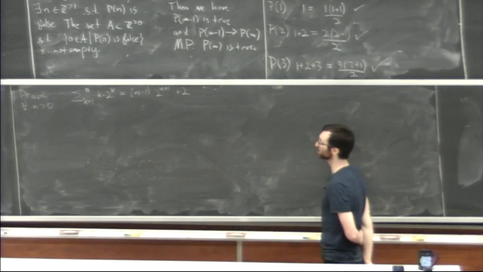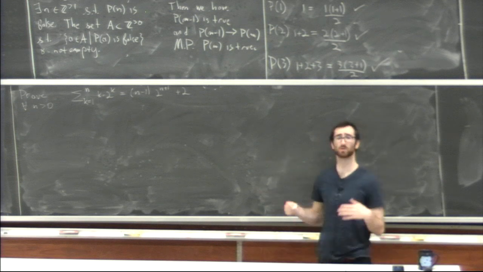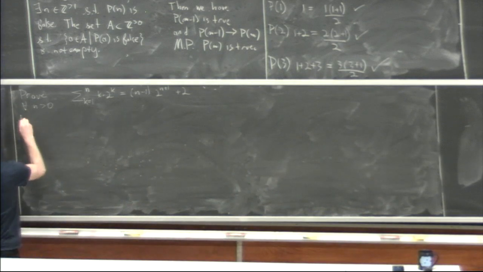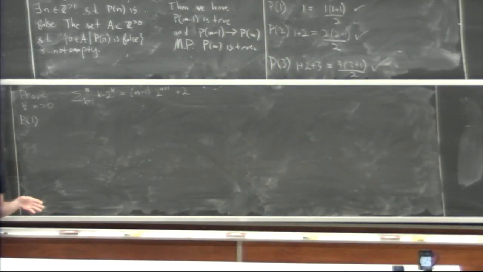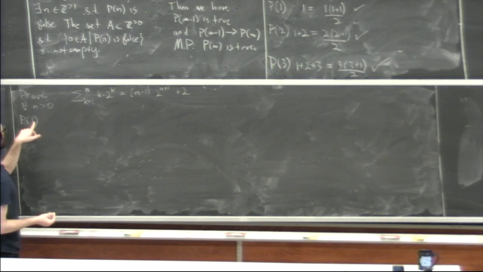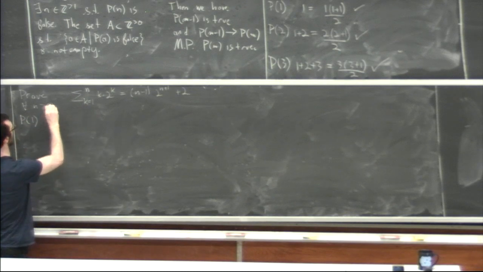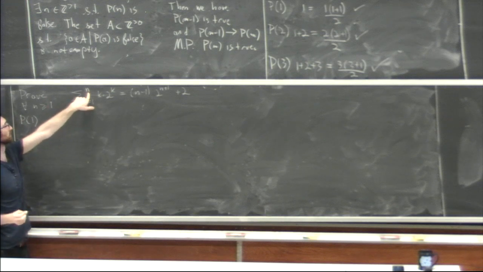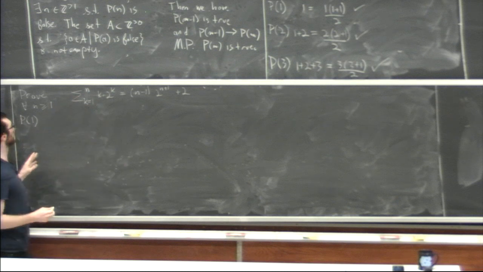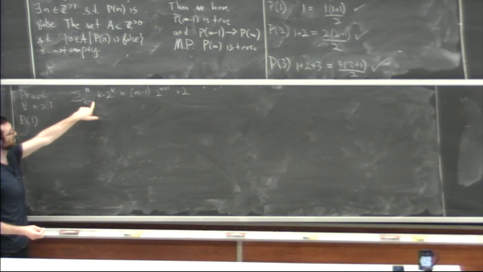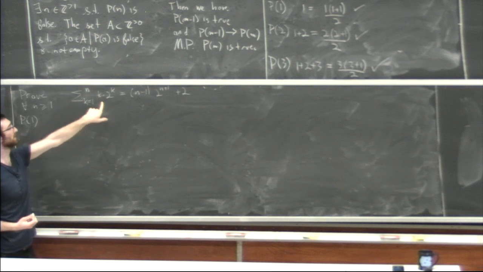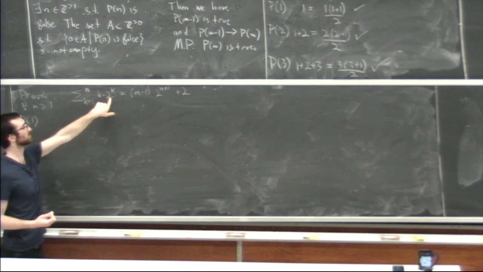Okay, the first thing that we want to do is write out a couple cases just to get a sense for what's going on. So let me write P of 1. P of 1 is the assertion, maybe I'll write n greater than or equal to 1. What I'm going to do is take n equal to 1 in this case, and say, what is P of 1? P of 1 is telling me for all k from 1 to 1, namely just k equals 1, I'm going to have 1 times 2 to the 1.